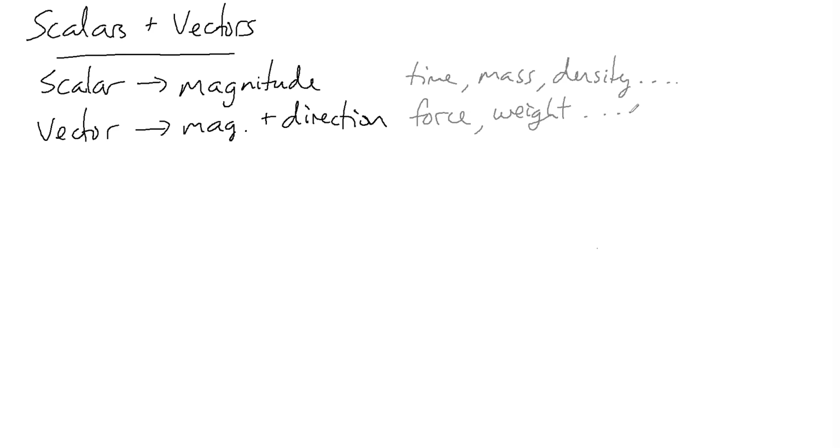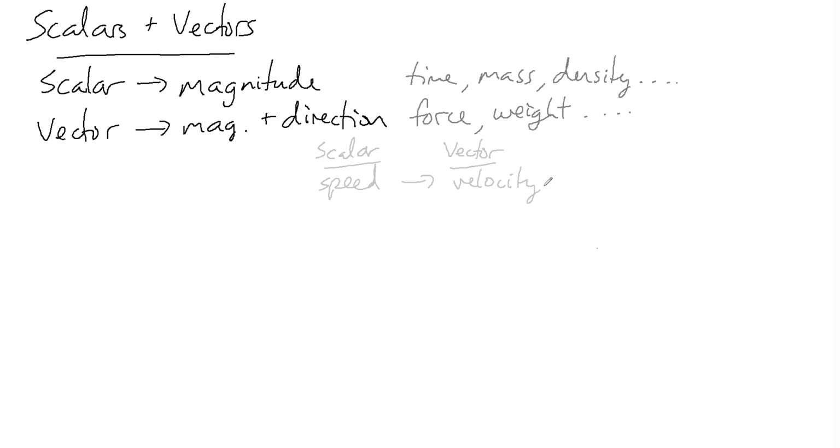Now, there are certain quantities out there that are very, very similar to each other. One's like the scalar version, and one's the vector version. So if we look at a couple of those, if you have the scalar version and you've got the vector version, you've got some simple ones like speed. Speed is a scalar quantity, but if you add direction to it, it actually turns into velocity, which you should be familiar with.